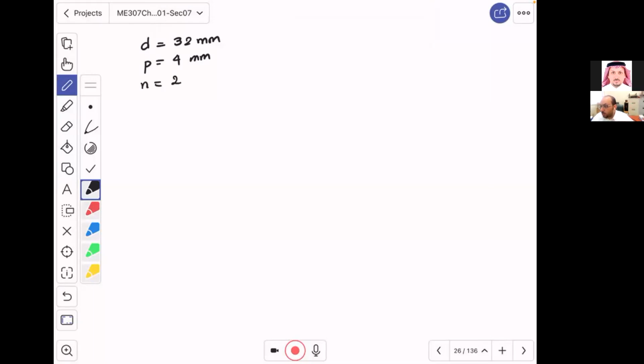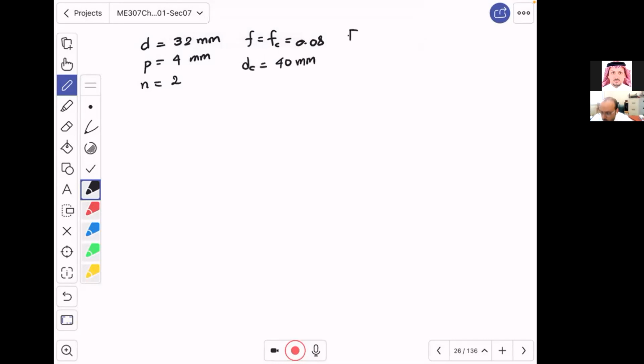And we have been given f, which is the friction for the collar. So the friction between the screw and the nut, and the friction of the collar with the platform is equal to 0.08.